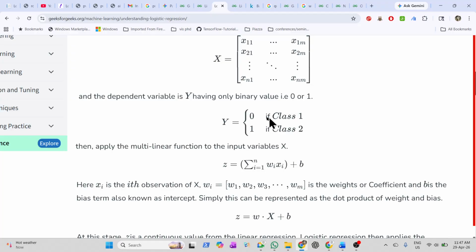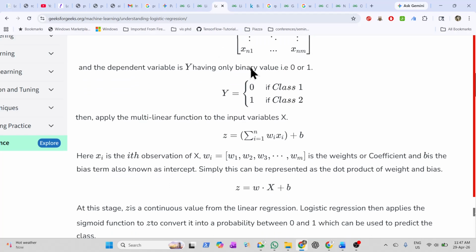If class is 1, y is 0. If class is 2, y is 1. And there are two classes, 0 class and 1 class. So y is the output or dependent variable, and x is the input or independent variable.